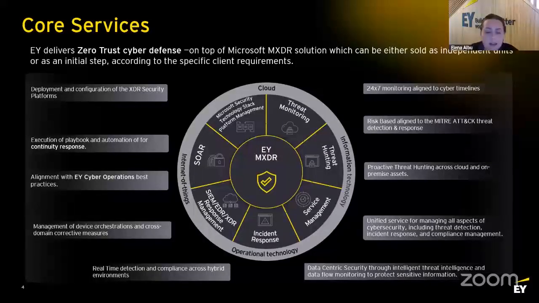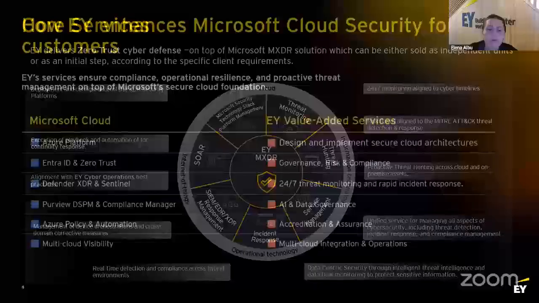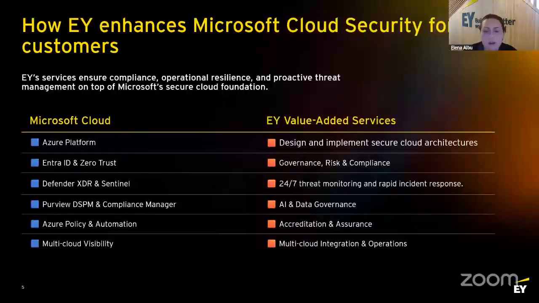In the next slide, we will see how EY enhances the Microsoft Cloud security portfolio. On the left side are the native Microsoft Cloud components that most organizations are using today: the Azure platform as the foundation, going further with Entra ID and zero trust for identity control, Defender XDR and Sentinel for detection and response, Purview DSPM and Compliance Manager for data governance, Azure Policy and automation, and multi-cloud visibility.